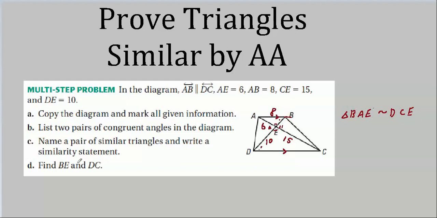Now we got to find BE and DC. Well, let's see here. DC is this one, which they didn't give us. Okay, good. That means the question makes a lot more sense. And this one here, they didn't give us either. But that's not a problem. This one here, remember these top and bottom triangles are similar. So if we call this X, we can write that 8 over X equals, let's get our similarities right.